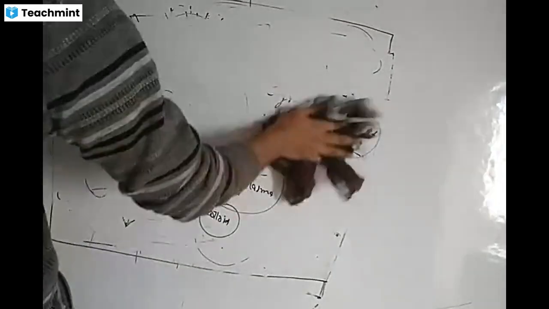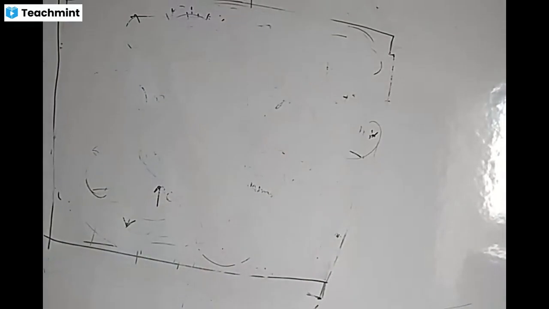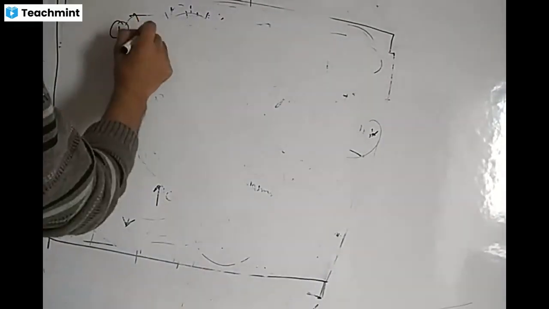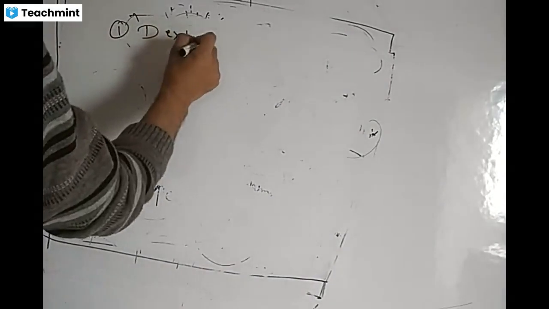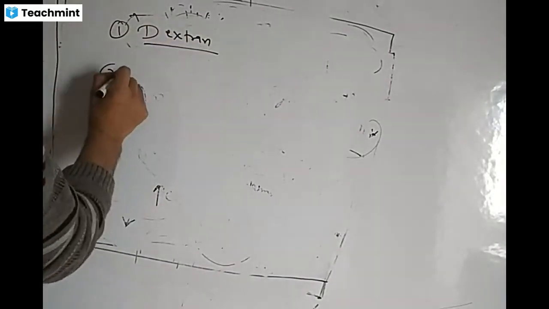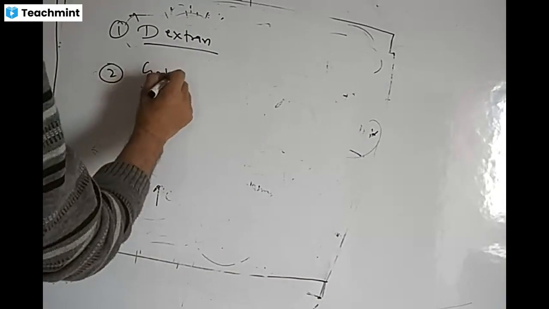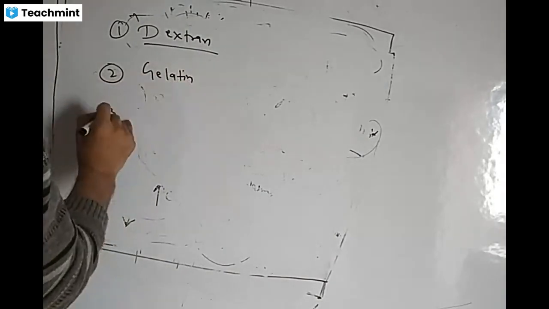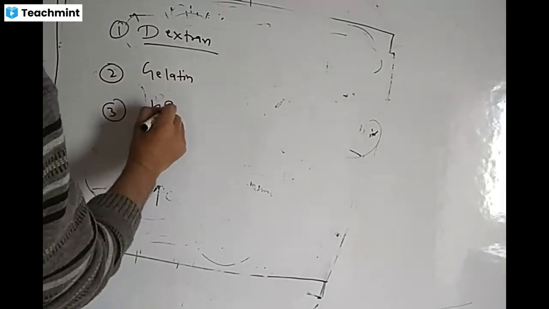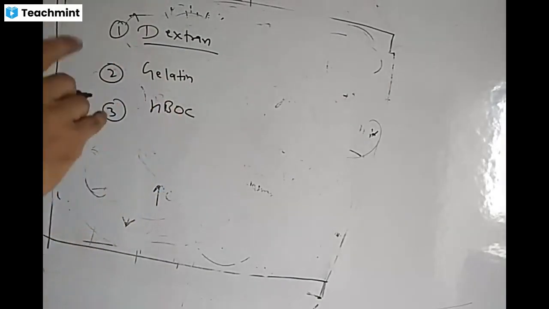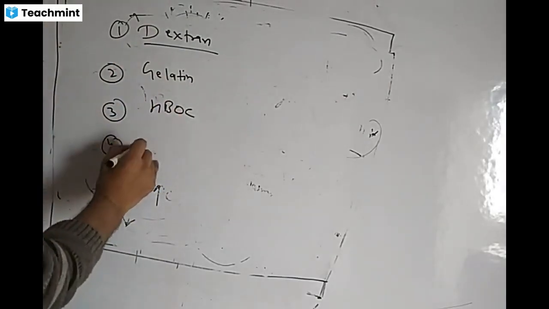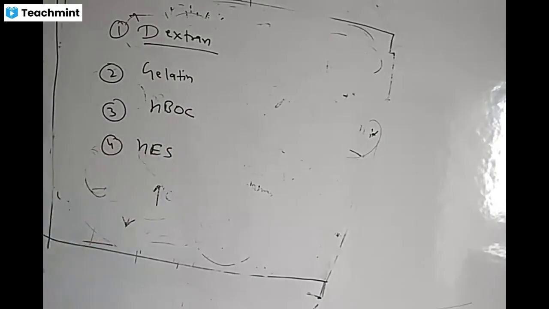Out of synthetic colloids, there are 4 categories. First is dextran. Second is gelatin. Third is HBOC, hemoglobin-based oxygen carrier, and the fourth is hydroxyethyl starch.